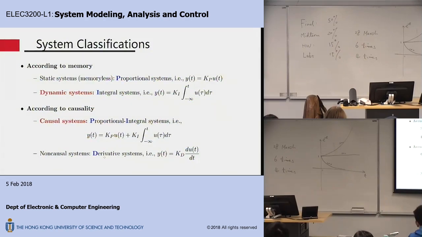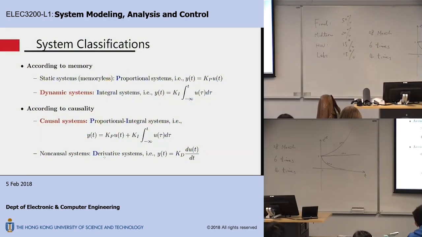Dynamic systems, then, make the whole theory interesting, and of course, non-trivial systems are all dynamic systems. The simplest example of a dynamic system is an integrator, or simply an I system.